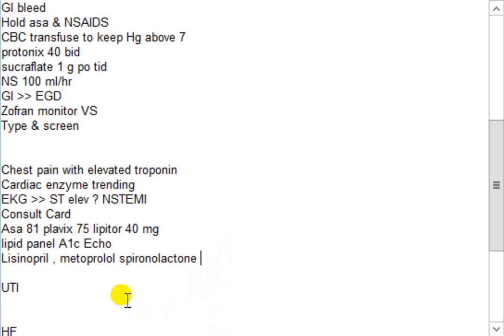The other note on these patients as well, if they are dehydrated or they have some sort of renal disease, renal failure, they usually have some sort of elevated troponin.